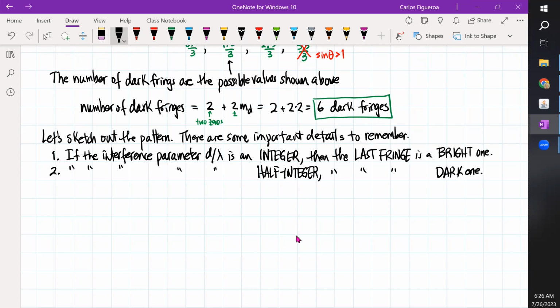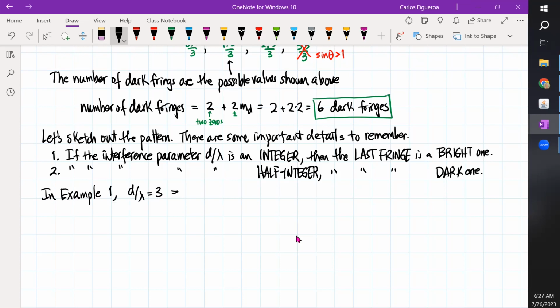So those are really, before we get into our situation where we have partial fringes, we want to start off with the easiest possible cases. So in our case, in example 1, we have d over lambda, which is exactly 3.